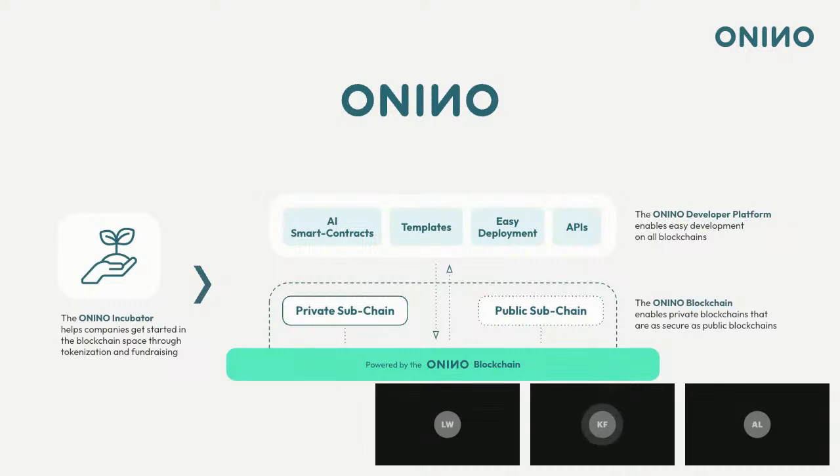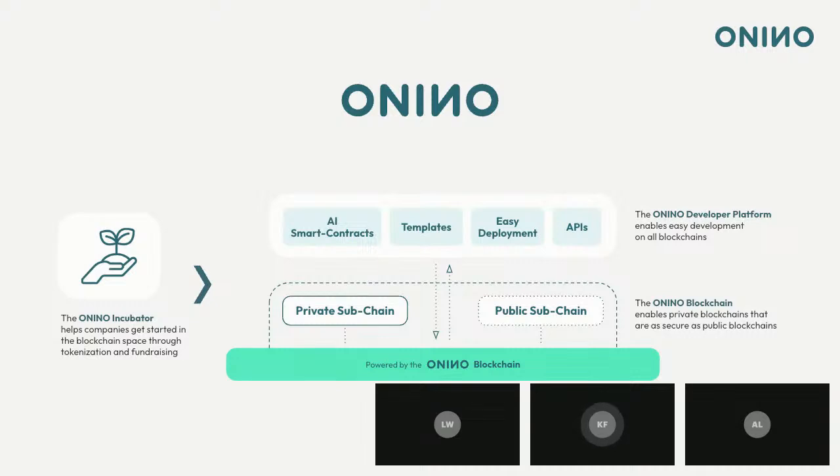And around that Onino blockchain protocol, we have also built the Onino subchain framework, which allows everybody to easily, without coding skills or hassle around DevOps, create your own subchain anchored in the main chain, tailored exactly to their needs.